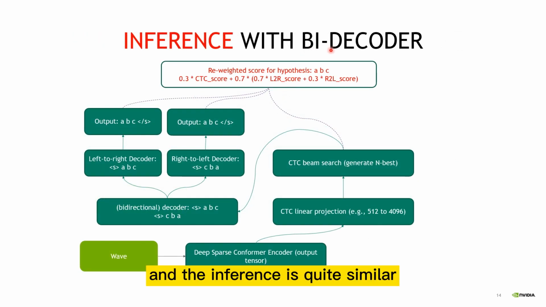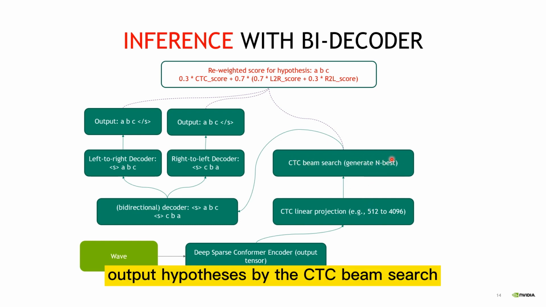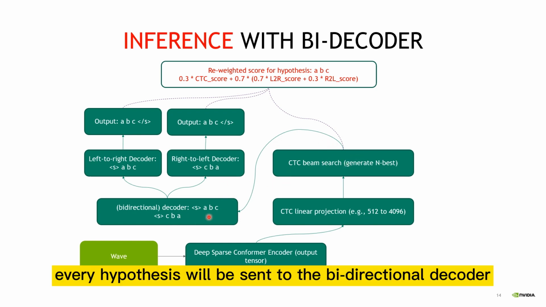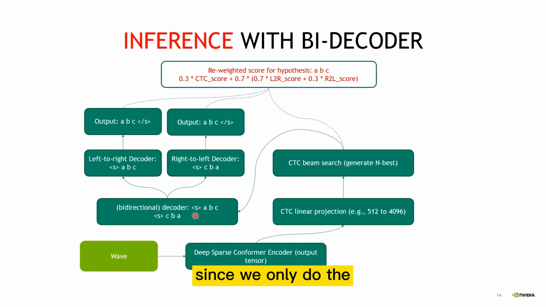And the inference is quite similar. So basically, we have a wave input. We use the encoder and linear projection. So we have an output hypothesis by the CTC beam search. And every output hypothesis will be sent to the bidirectional decoder. This is a non-autoregressive decoder since we only do the inference once.